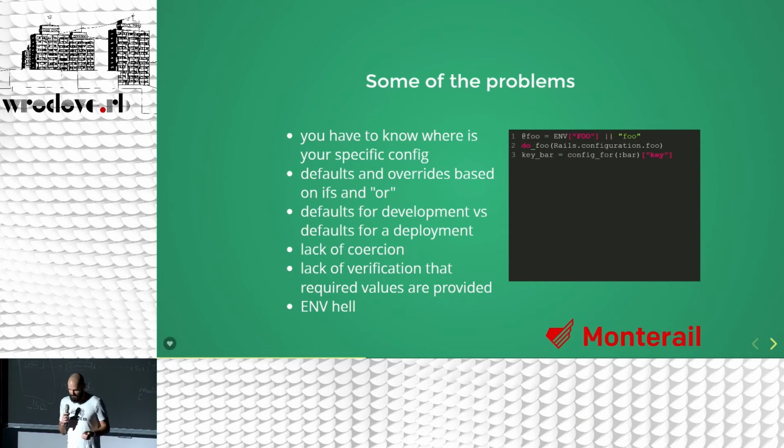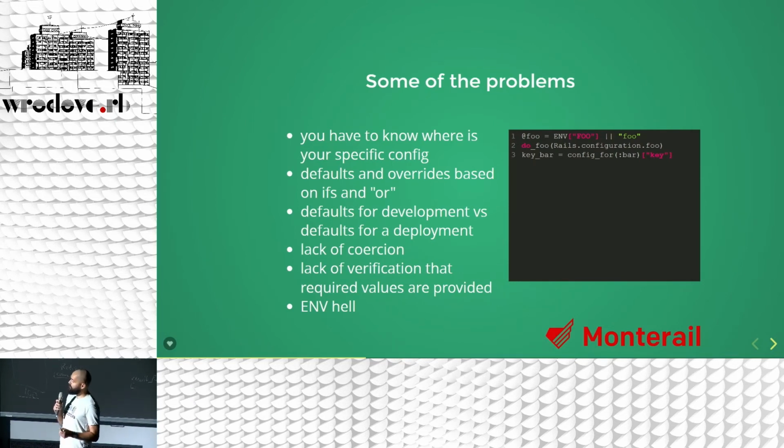And all these solutions have different problems, like you have to know where is your specific configuration. I mean, your code has to know where is the configuration. Like in the example, you have to use env or some other source directly. It's hard to handle defaults or override them. You have to base on ifs or ors.